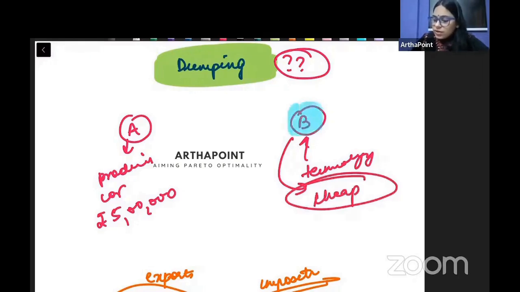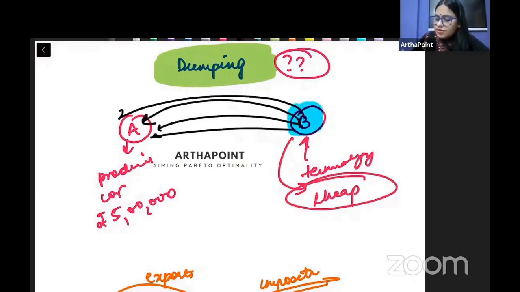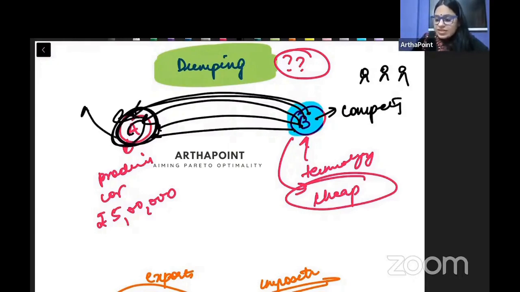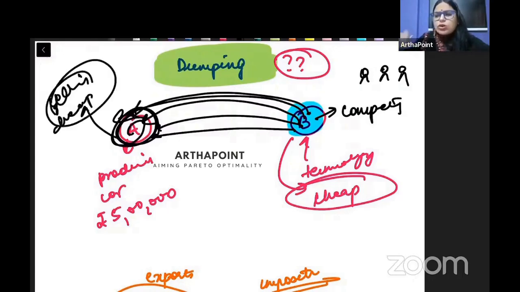What will it do? It will just put all the cars in the market of country A. In country B there are many producers. They are competing with each other. But in country A there are not many producers. There is not much production taking place. So easily this producer can go to country A and start selling this product at a very cheap price. It dumped the product very cheaply, put everything there at a low price. That is called dumping.